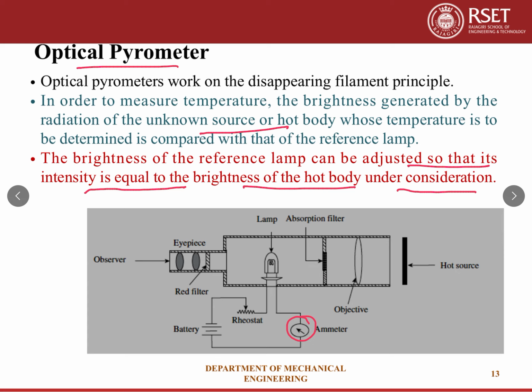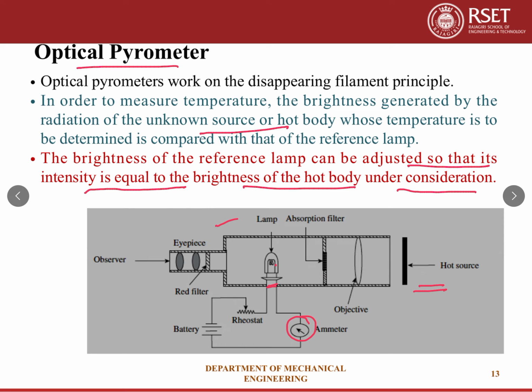So here we have a light source or hot body whose temperature is to be measured. This is our system. The system consists of an objective lens and an absorption filter. Here we can see a lamp, and the lamp has a certain circuit: an ammeter, a battery, and a rheostat. By varying the rheostat, we can vary the resistance of the circuit, and the current can be varied.